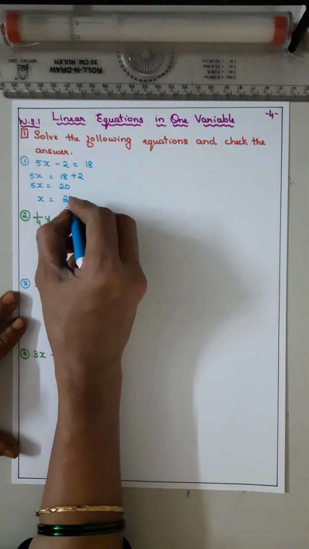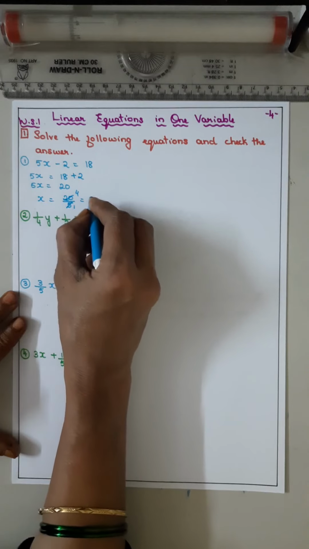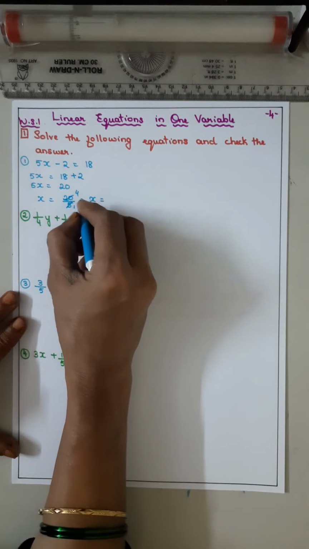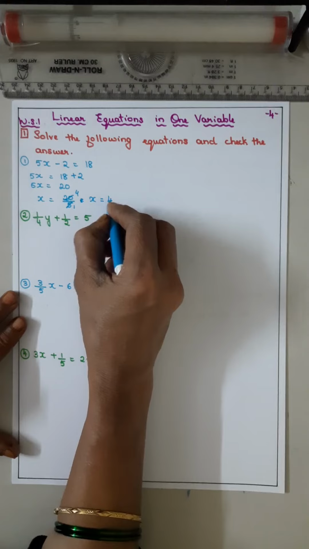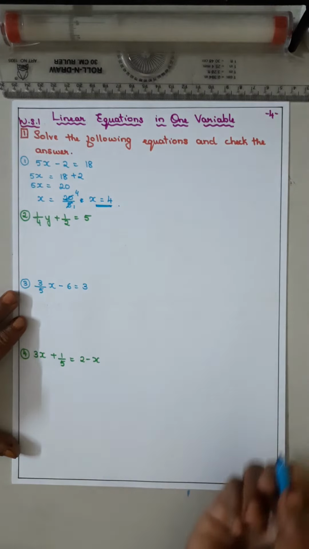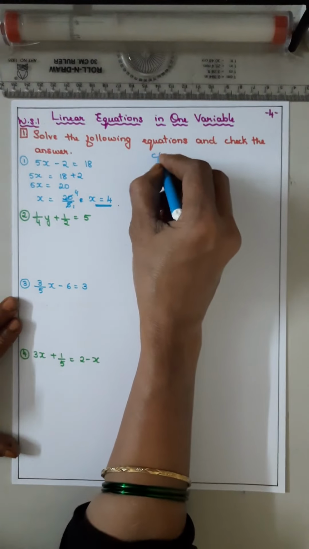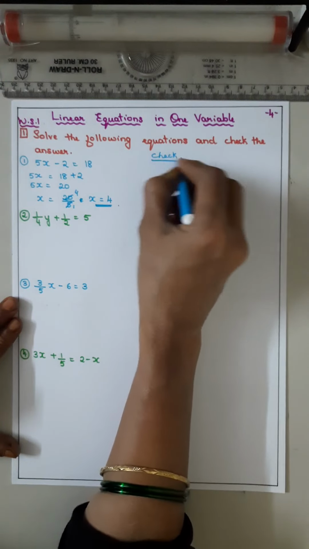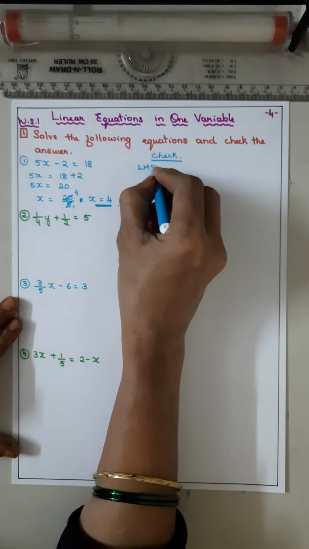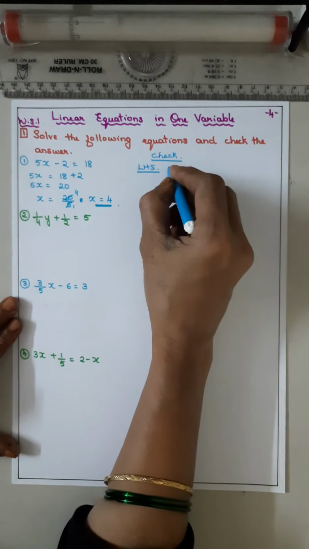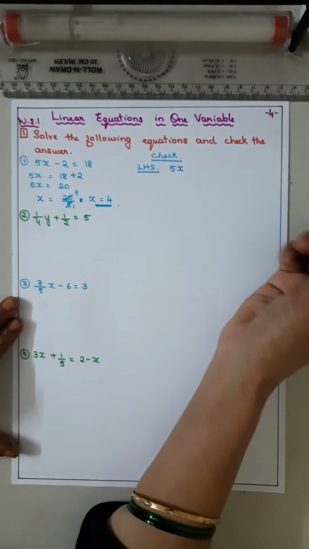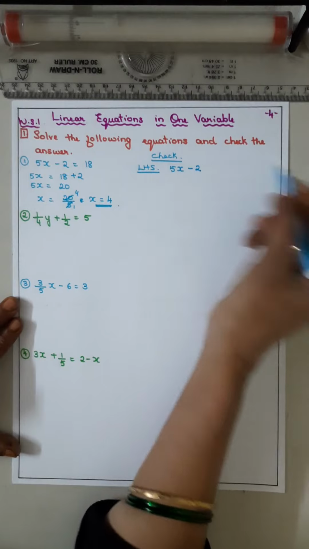5 ones are 5, 5 fours are 20. So x is equal to 4. Now first we have to check LHS. What is the expression? 5x minus 2.